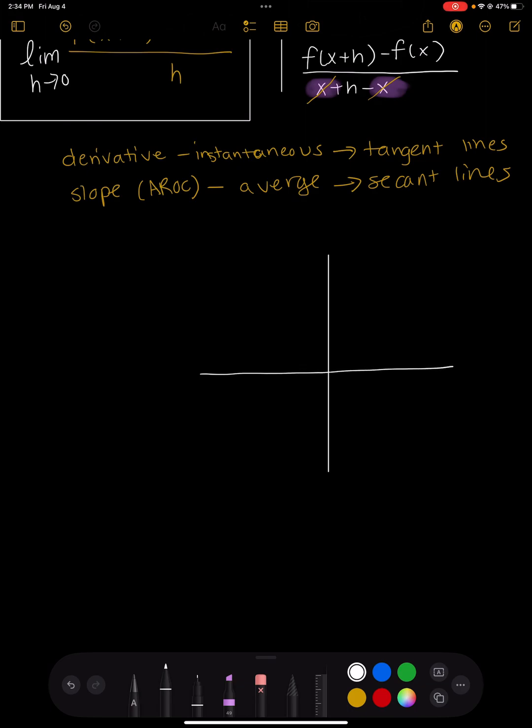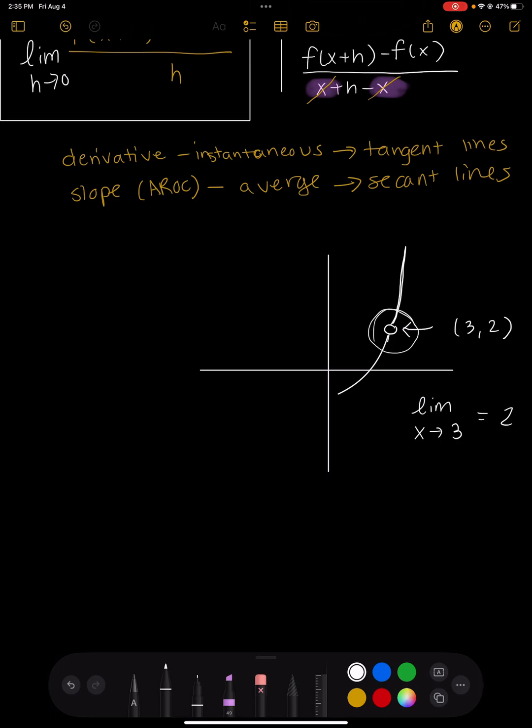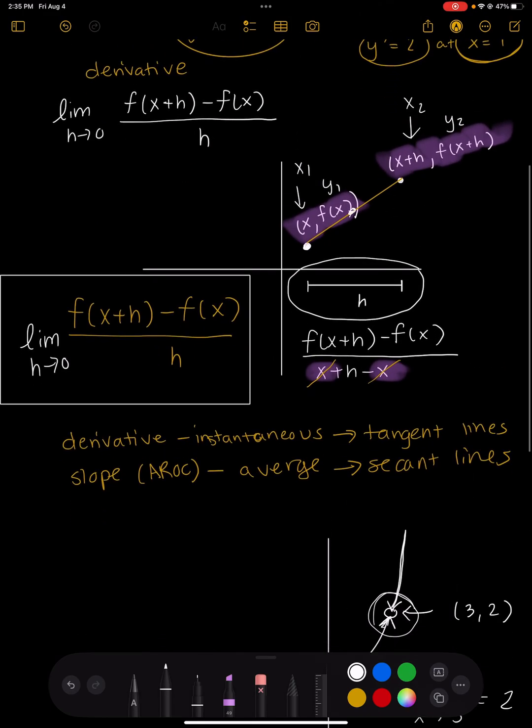So for example, if we were to look at this function, and let's say it has a hole at 3, 2. The limit as this function approaches 3 is still 2, even though it actually doesn't take on that value. It's what it's doing as we get there. So that's why that's important to think about here.